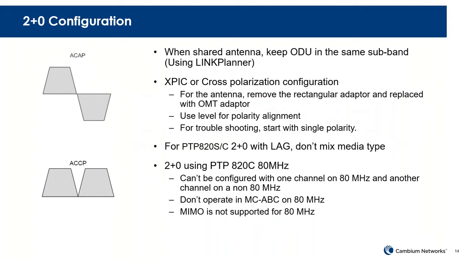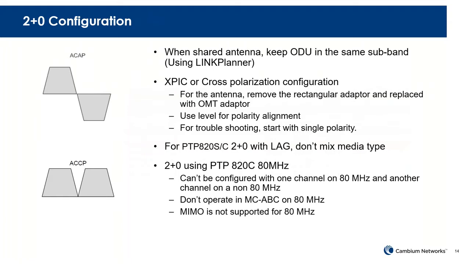And one other thing to pay attention to is with the A20C 2+0, some customers will want to use an external switch to achieve link aggregation, running a link aggregation group from the external switch. In that case, you need to be careful not to mix the media type.